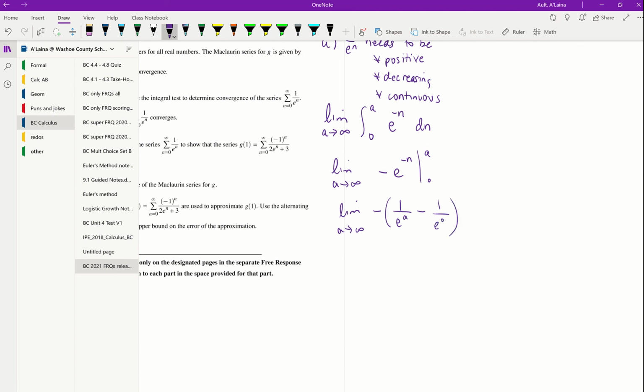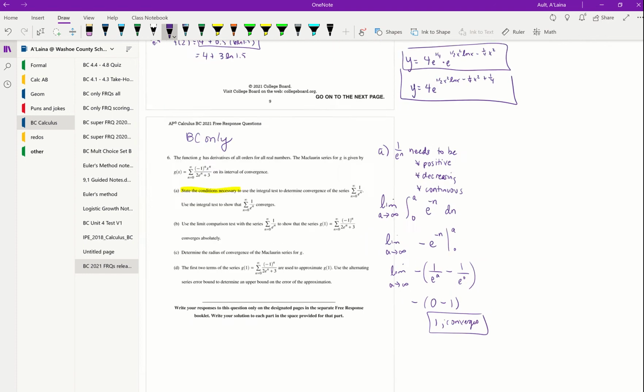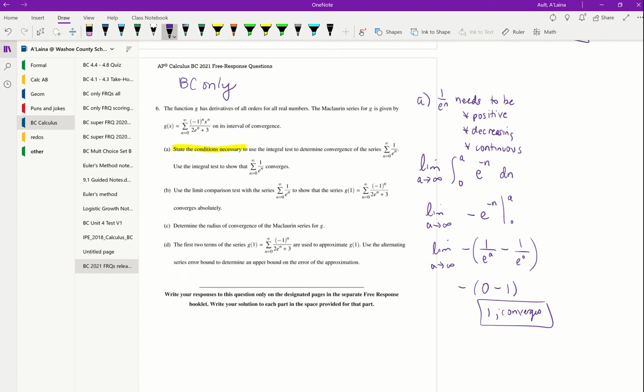Now that I have a actually written in here, I can stop writing the limit notation. If I put an infinity here, this would be negative 0 minus 1, which is 1, which is an actual answer, and therefore it converges. So as you get a finite number there, you are good, and that converges for part A.